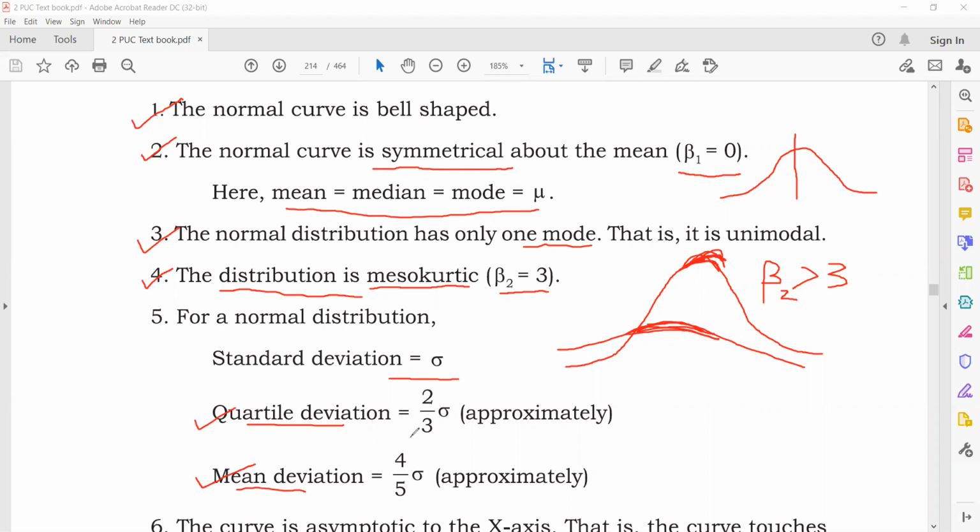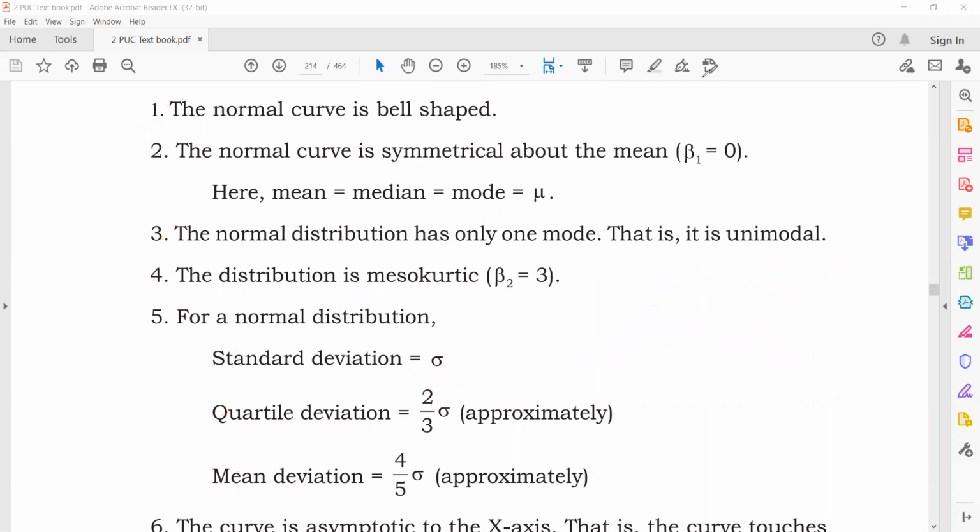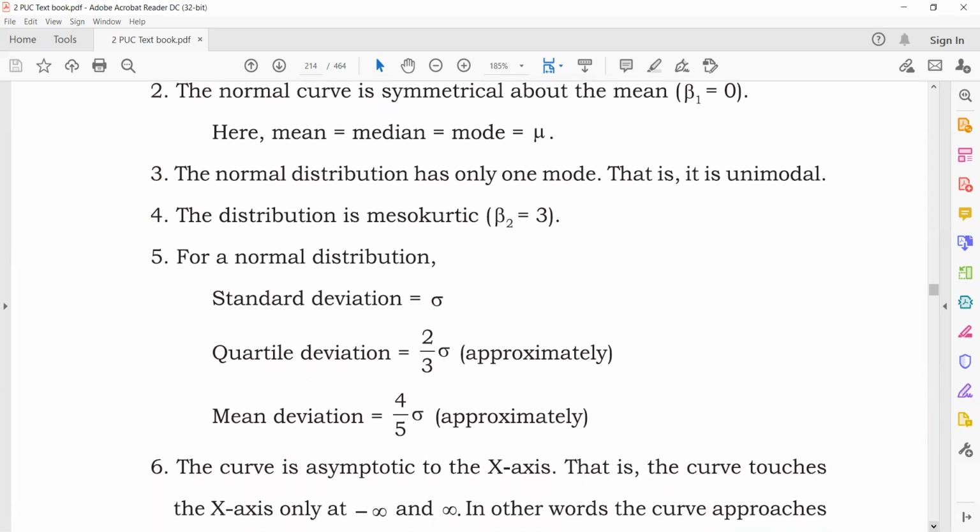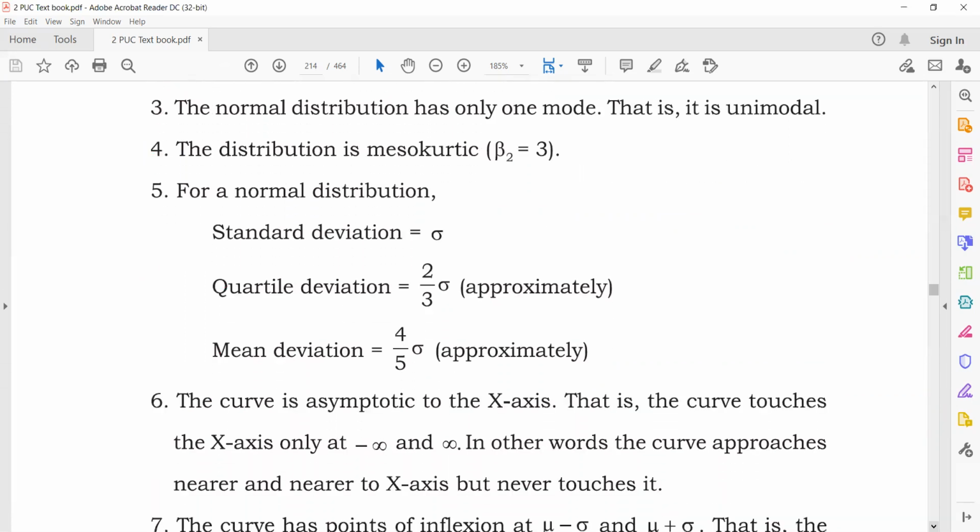And if you look into the values of Q3 minus Q1 by 2 after computing the quartiles for a normal, that is approximately the same as 2 by 3 times sigma. So just by knowing the value of sigma, you can observe the value of quartile deviation, mean deviation, etc. So that's why sigma is called a parameter. Much of the measures or properties are studied only based on mu as well as sigma.